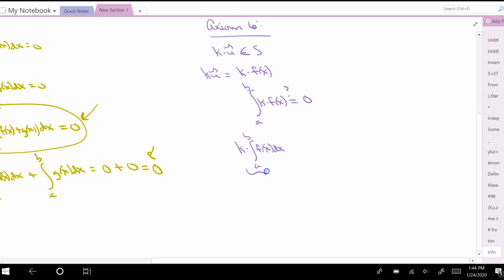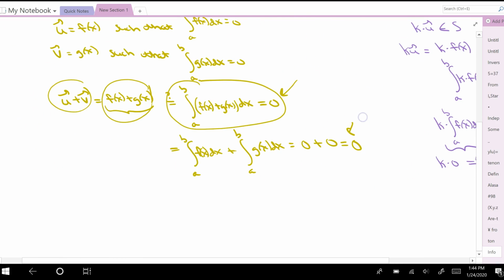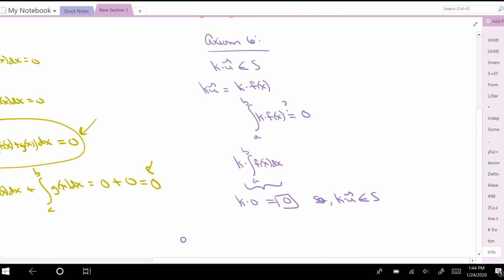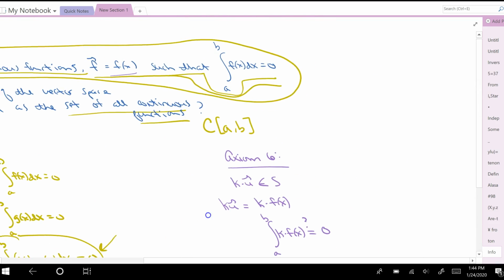And we know that this is a given. And we know that any scalar factor k times 0 equals 0. So we've just shown that k times u is an element of that set. If I were to go over here and say, here I have shown that u plus v stays within that subset. Okay? Everyone all right?